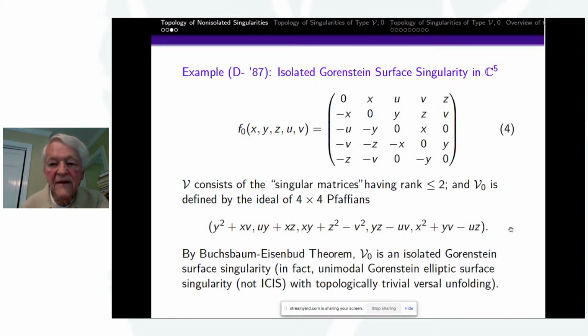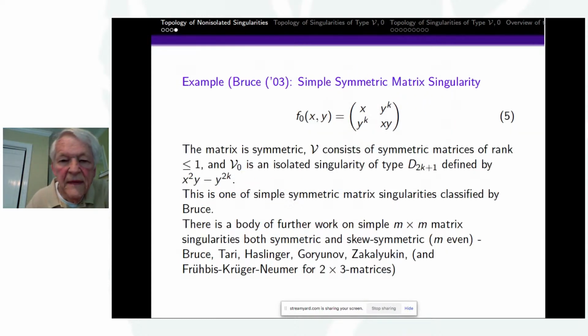And in fact, there's a strong form of equisingularity where even when you include the full unfolding of this, which means adding another 5 variables to these other entries, the whole versal unfolding is topologically a product along this. To do this required using a form of classification of sections of these varieties.